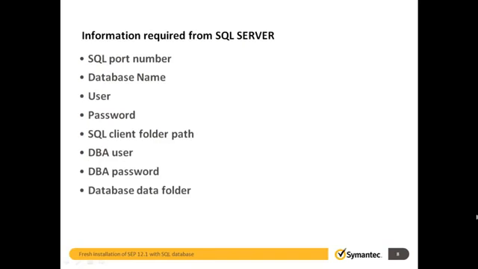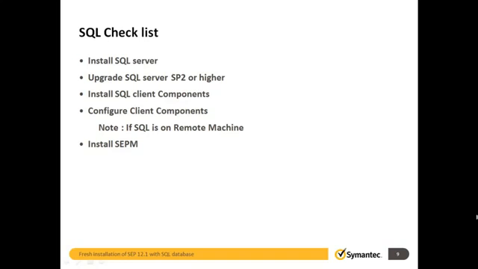What information do we require from SQL Server? We should know the SQL port number, SQL database name, SQL username and password, SQL client folder path if SQL is on a remote machine, DBA username, DBA password and database data folder. So in all previous slides we saw what resources are required to configure SEPM with SQL.